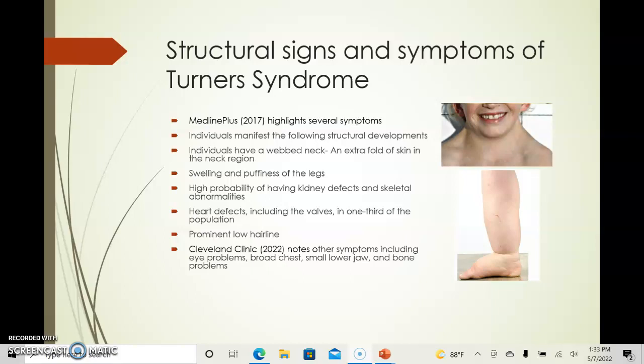They have a webbed neck, which entails an extra fold of skin in the neck region, and swelling and puffiness of the leg. As you can see, this child's leg is all swollen and puffy. That's due to the Turner syndrome.